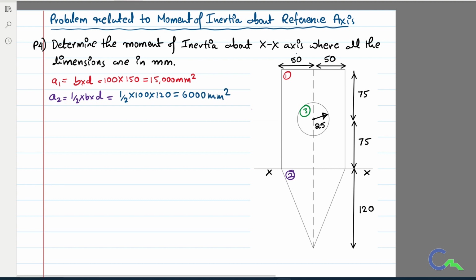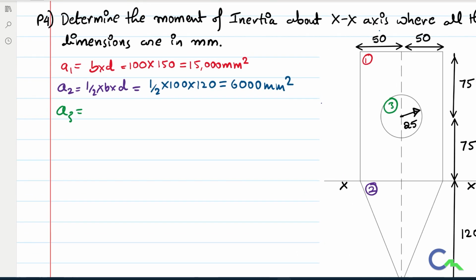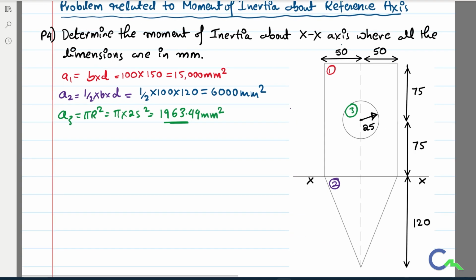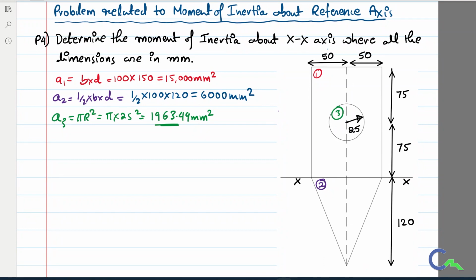The third figure, the circle, I will call it A3. For the circle we know that area is pi r square, so pi into 25 square, we are going to get 1963.49 millimeter square. These are the three areas we got here.